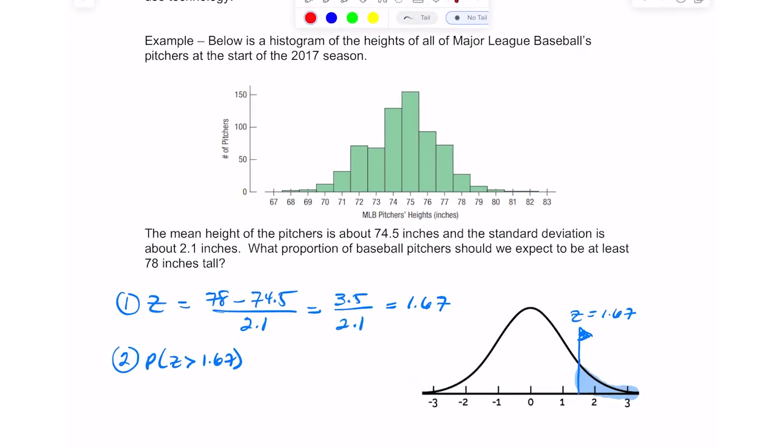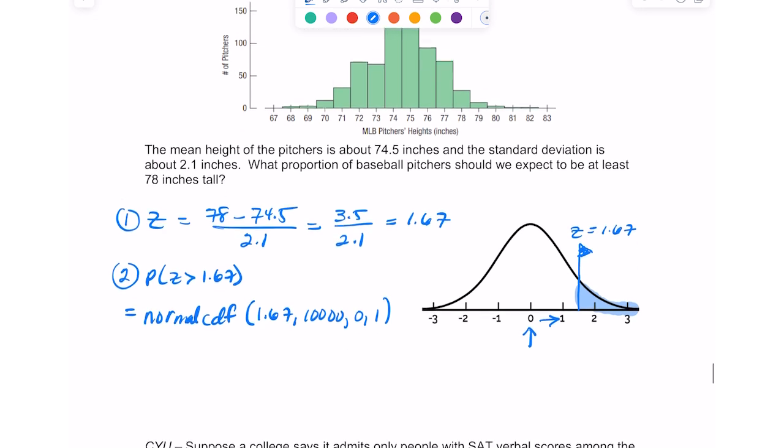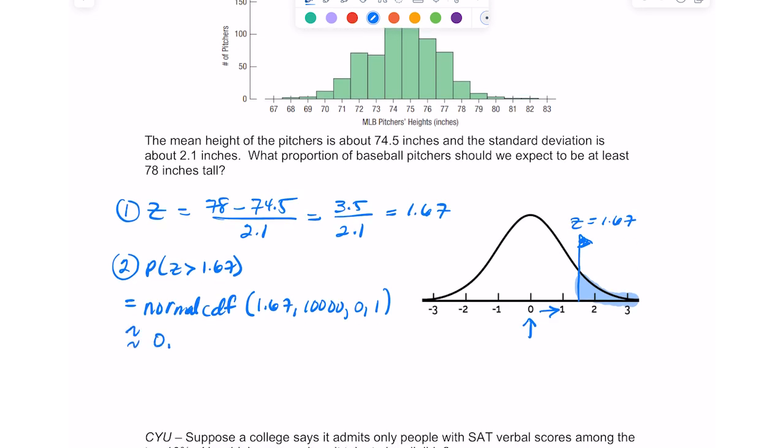So that comes out to be, let's write this out now. We have normal CDF, my lower bound was 1.67, my upper bound was just 10,000, my mean is 0, and my standard deviation is 1, okay? So you can see the mean is 0, and then the standard deviation is 1. And we got 0.047 approximately, which is basically 4.7%.